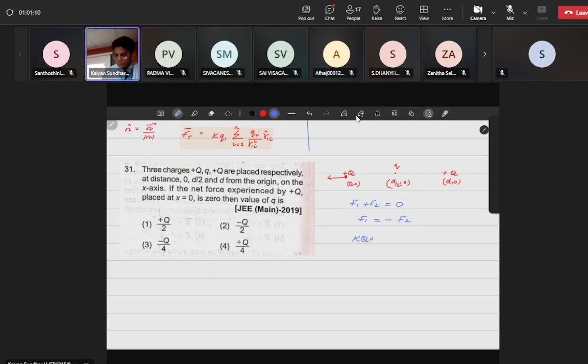K capital Q small q divided by d by 2 the whole square will be equal to the negative of these two terms, k q square divided by d square. K and k get cancelled, q and q get cancelled, d square gets cancelled. So 4Q will be equal to minus q. So Q will be equal to minus q by 4. Option 3 is the right answer.